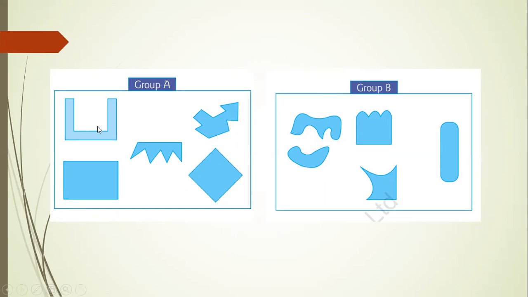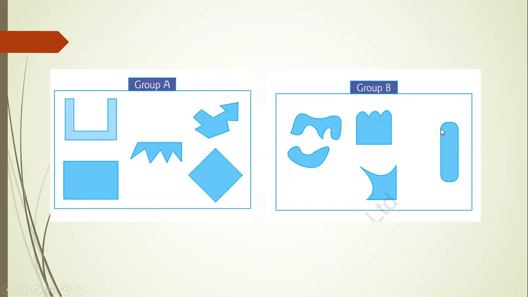If you can see over here, in Group A, all are made up of straight segments. So here, this first picture has this segment, then this segment, then this, and this. Same with all. It's starting from here, one segment, two segments, three segments, and four segments.